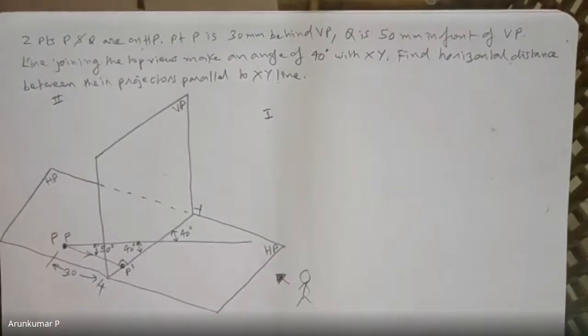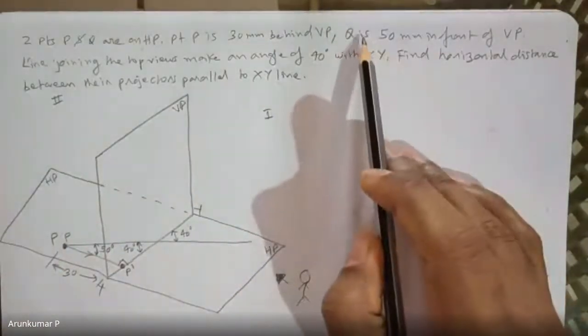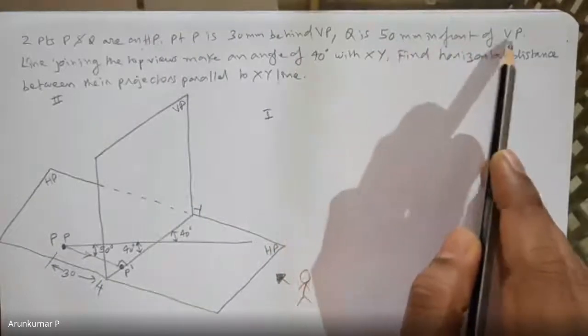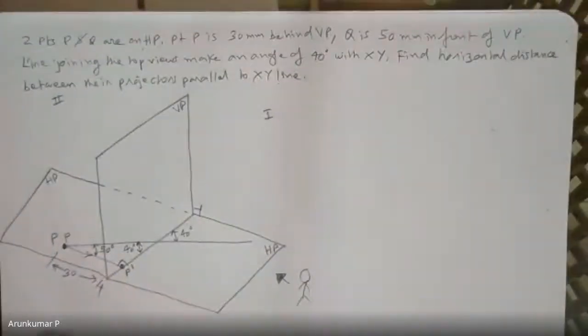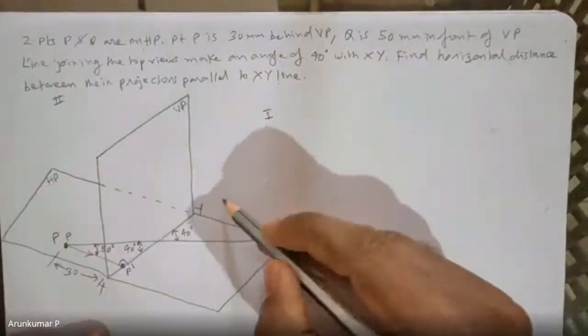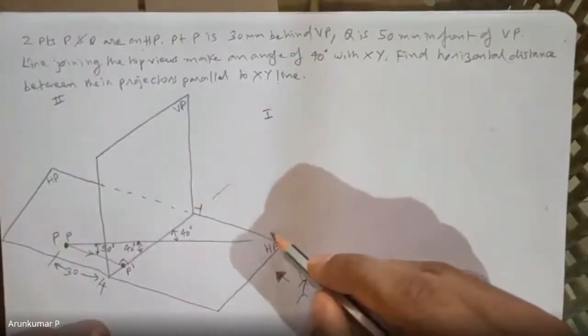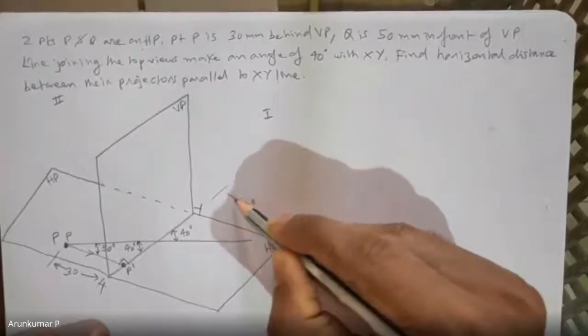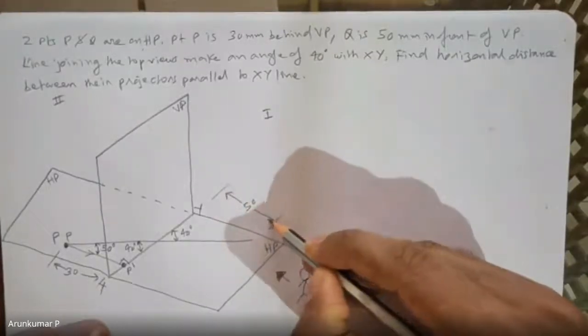Okay, now just extend this line. Leave it. Now we'll use this. Q is on HP and 50 mm in front of VP. So now what I'll do is, from XY line, from here, say 50 mm in front of VP, I'll draw a line.